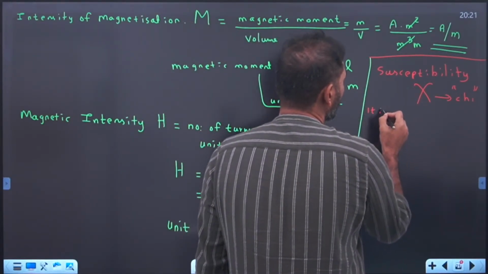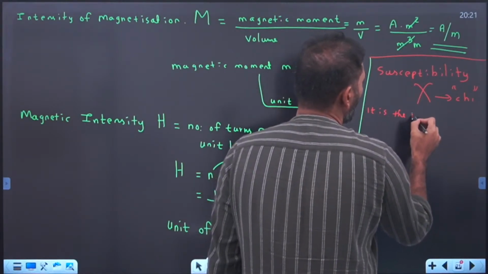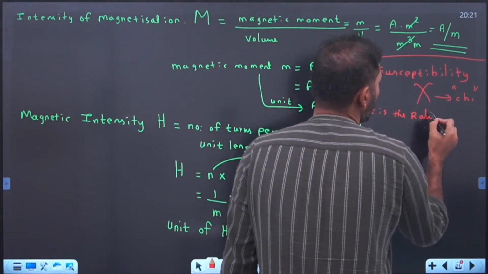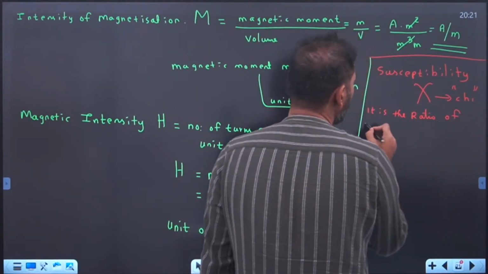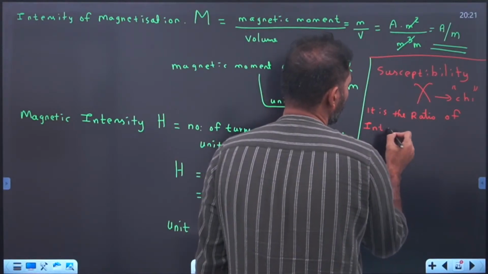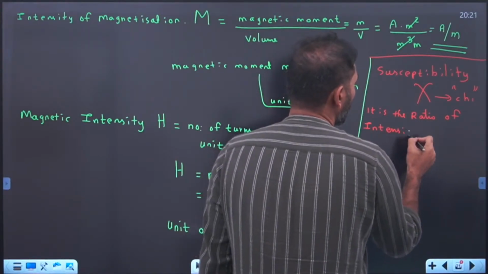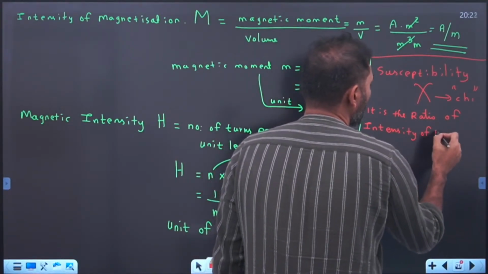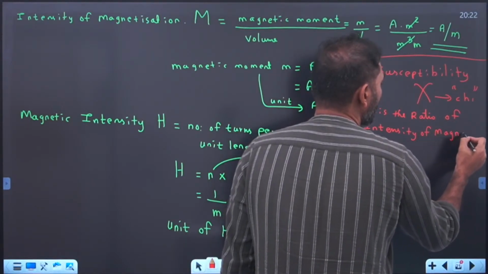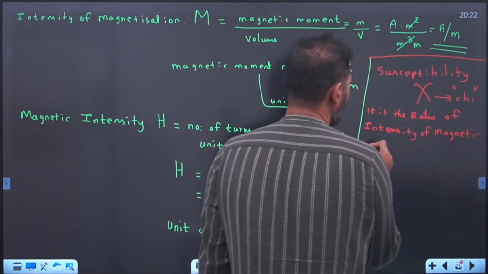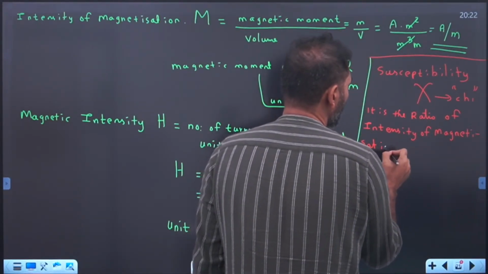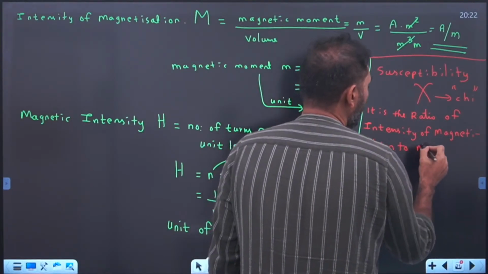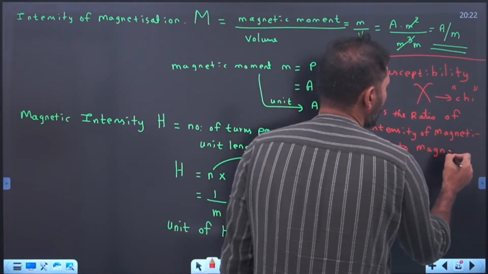It is the ratio of intensity of magnetization to magnetic intensity.